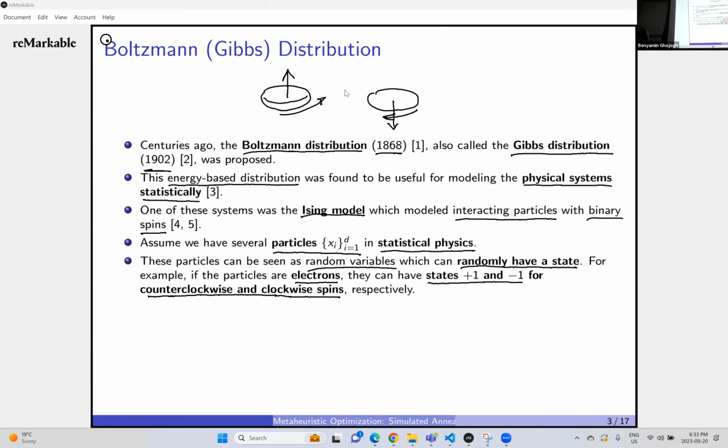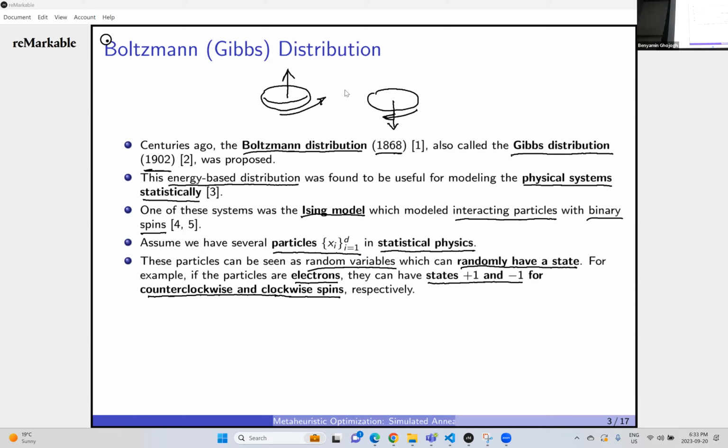It is used to describe physical systems stochastically. We see it in quantum mechanics, in particle physics, also in high energy physics, right? For example, one of the models is the Ising model, and we said that there are some particles.